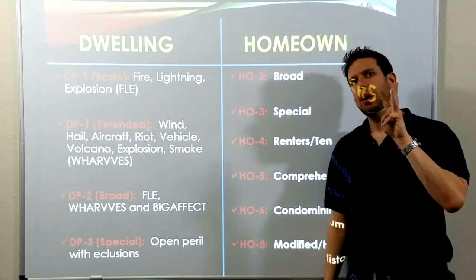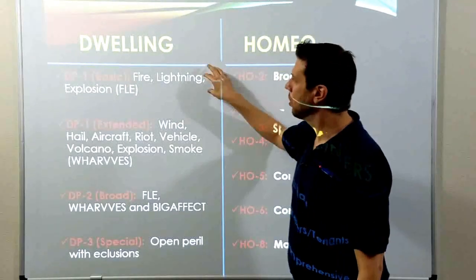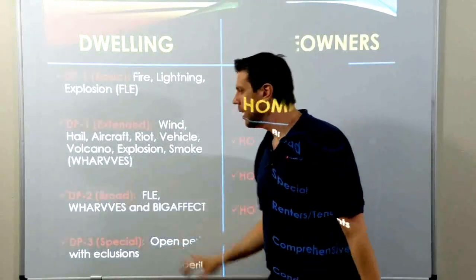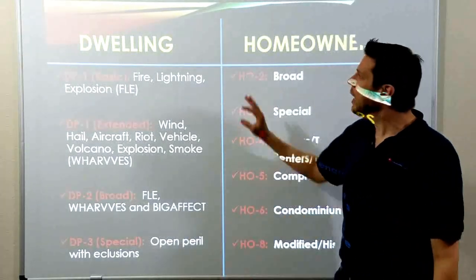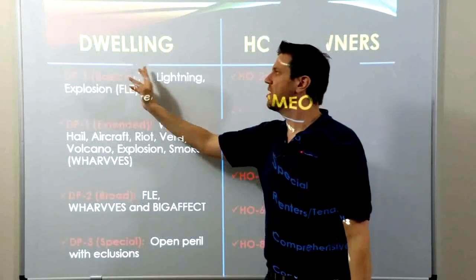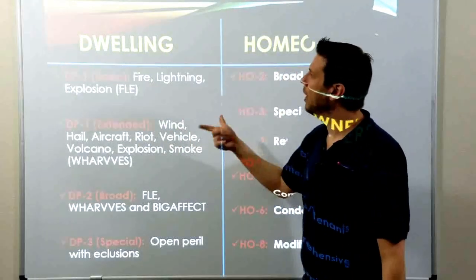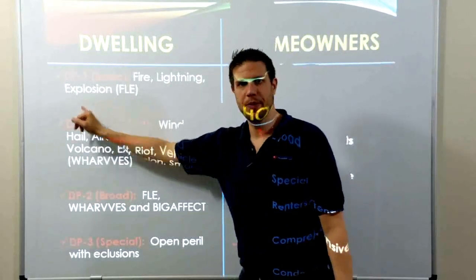There's 3 primary peril forms: the basic cause of loss form, the broad cause of loss form, and the special cause of loss form. The DP1 basic uses the basic cause of loss form, which is FLE, F-L-E: fire, lightning, and explosion.